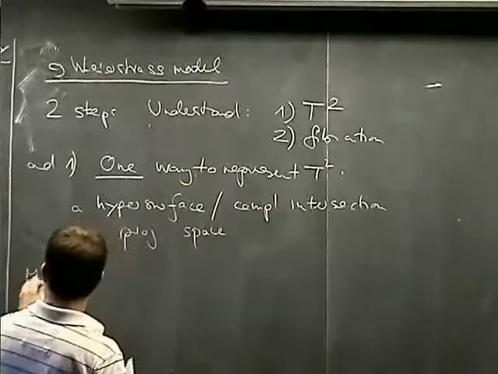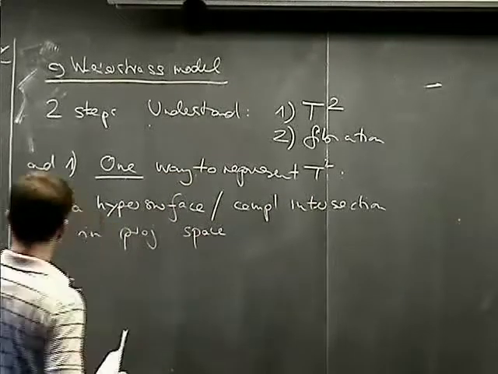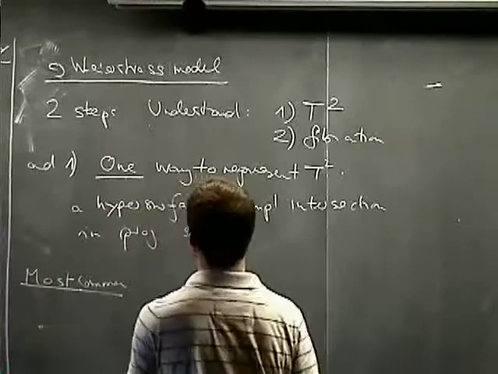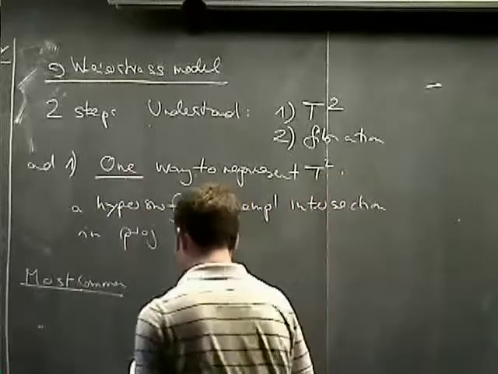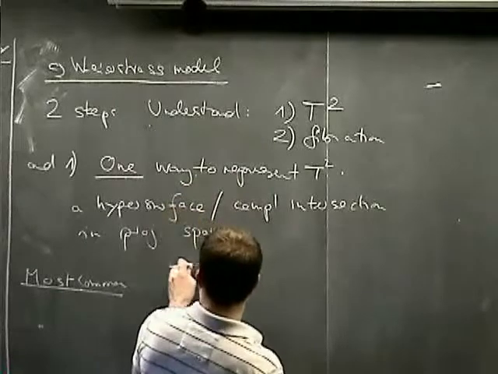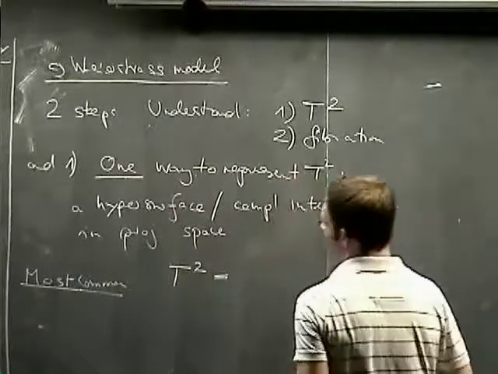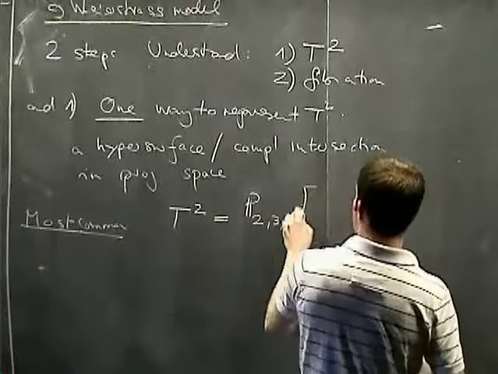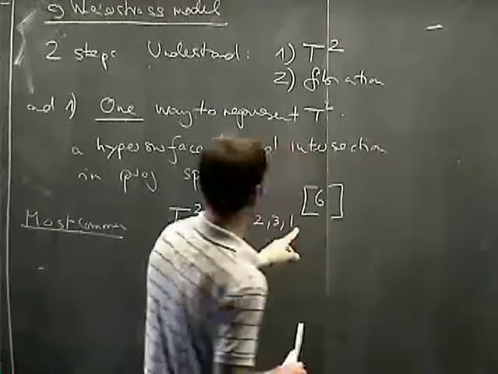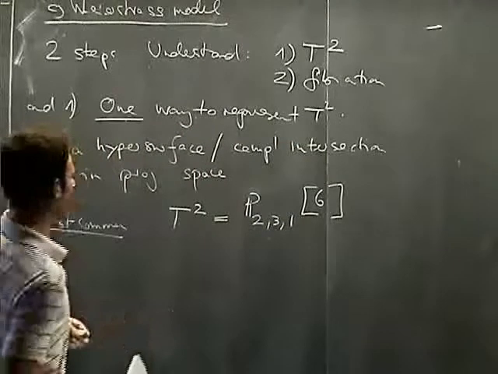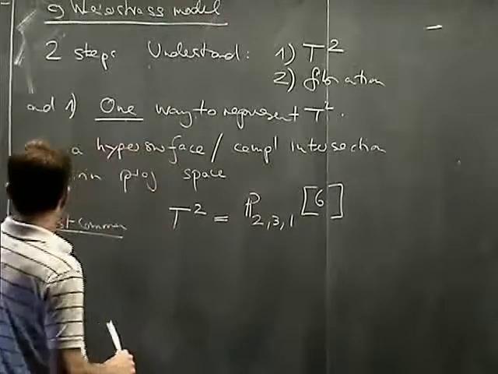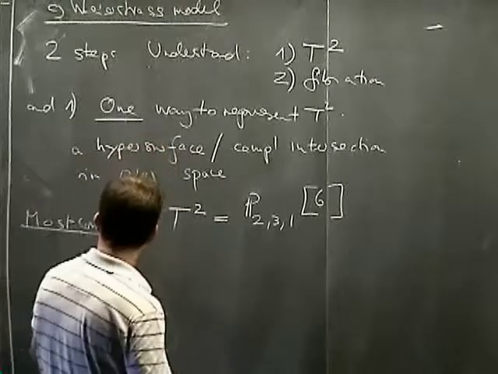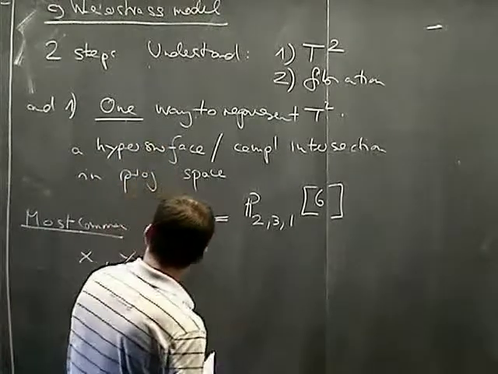The most common, but not the only one, and probably to some extent the most general in this class, is to view the torus as a hypersurface of degree 6 in a weighted projective space of weights 2, 3, and 1. So what does this mean? We take three complex coordinates x, y, z.